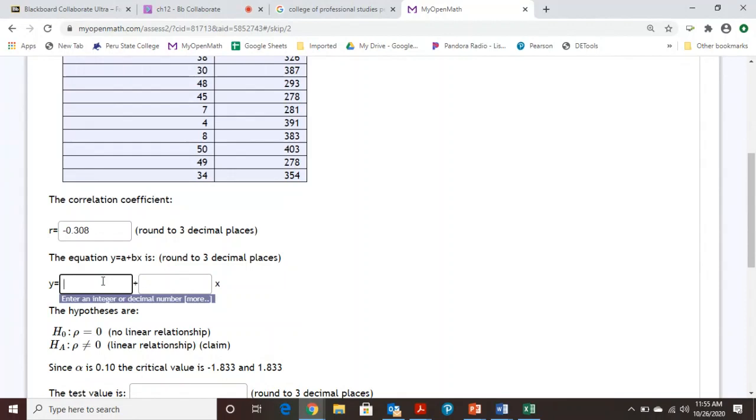It is a plus bx. So the a is 362.189, and the b is negative 0.885.